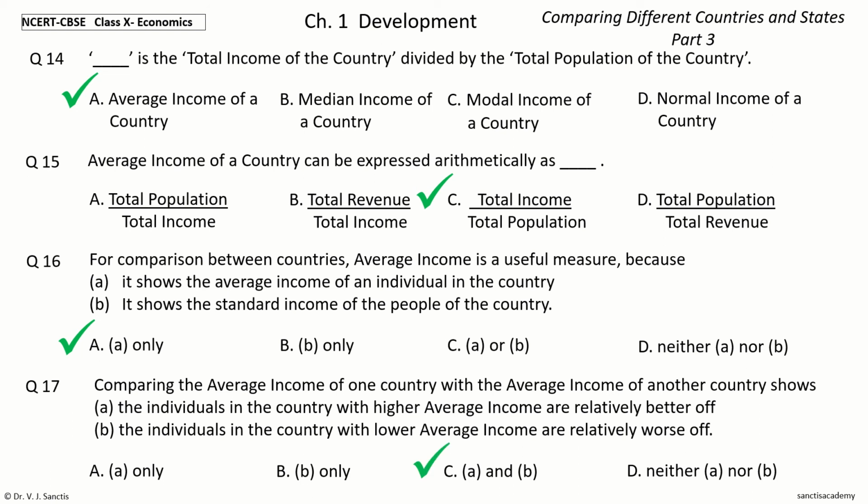And the answer is A and B. So, comparing the average income of one country with the average income of another country shows A. The individuals in the country with higher average income are relatively better off, and B. The individuals in the country with lower average income are relatively worse off.